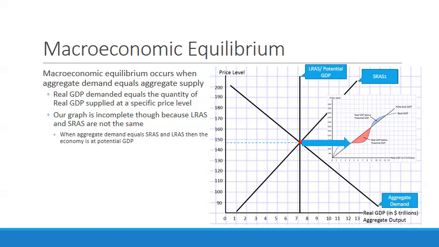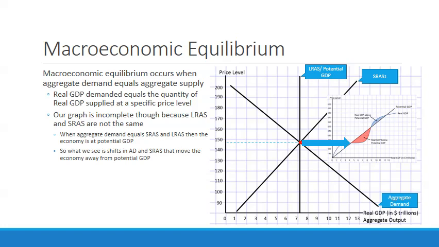Everything there in the red is where we're below potential GDP, so that's when it falls below, and that's everything on the left. So whenever macroeconomic equilibrium is to the left of potential GDP, it's below the trend line. When it's to the right, it's above the trend line. And of course, neither one will stay there permanently. It's temporary, but you can see how that creates those shifts in the short run business fluctuations around the trend line.